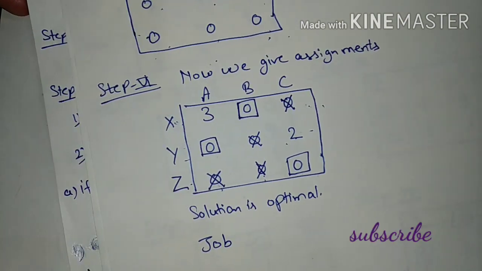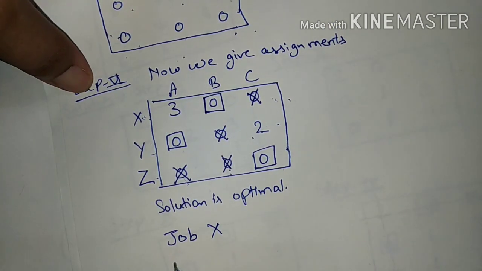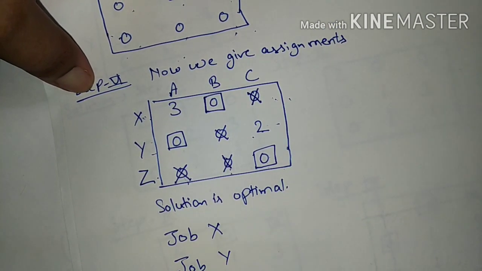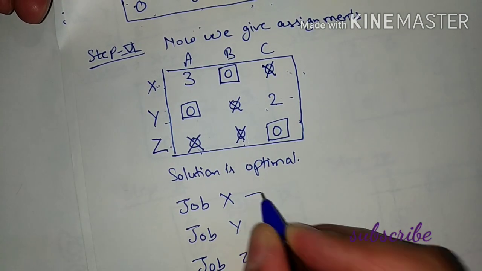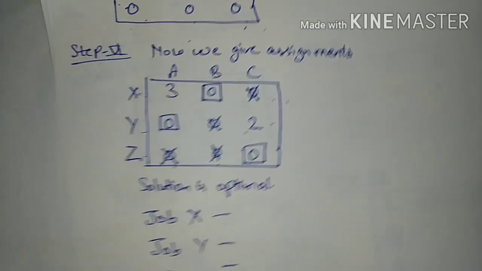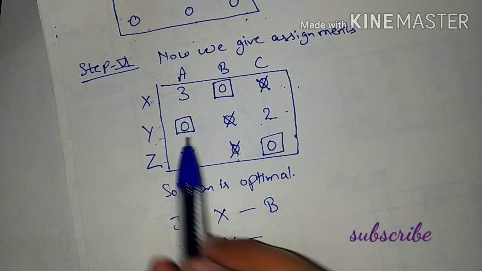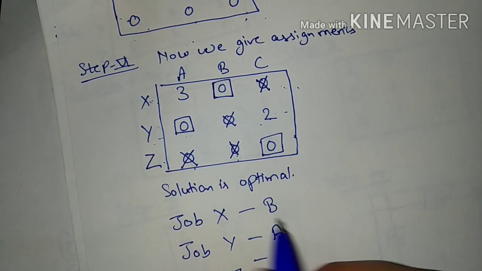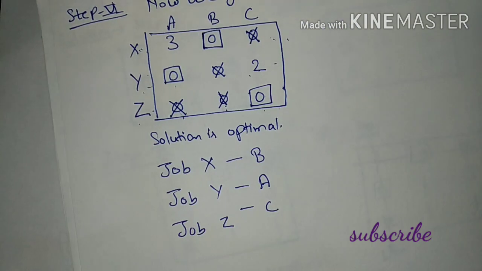Job X, job Y and job Z. Job X is assigned to machine B, job Y is assigned to machine A and job Z is assigned to machine C.